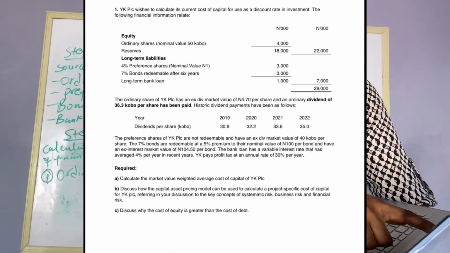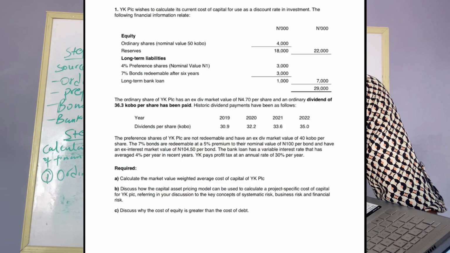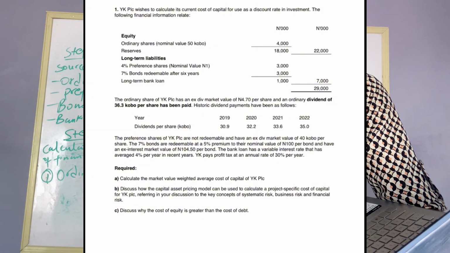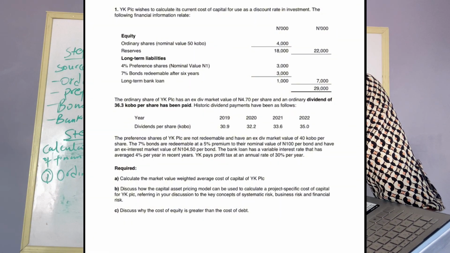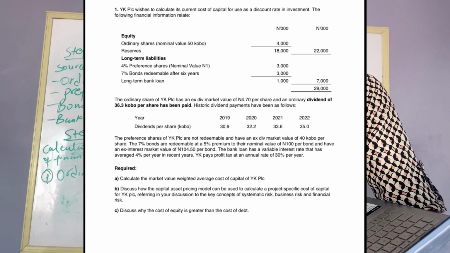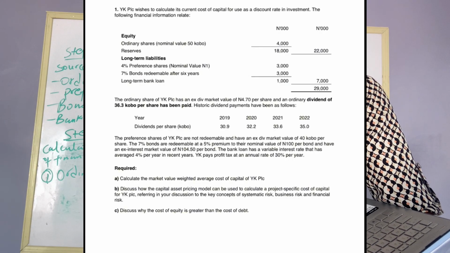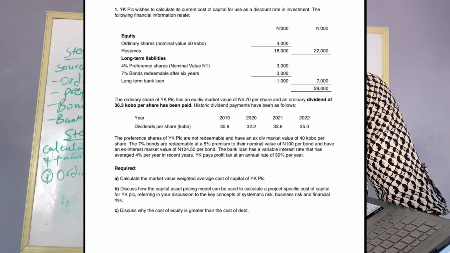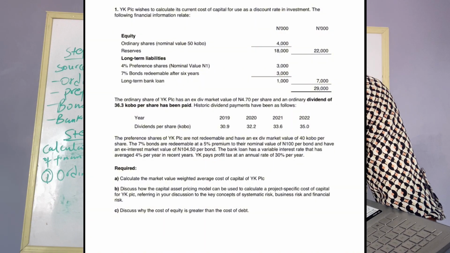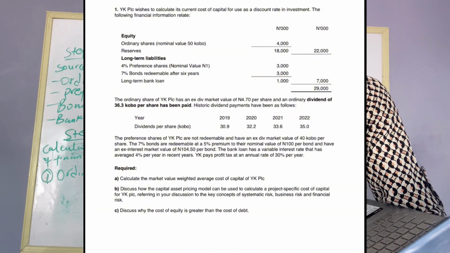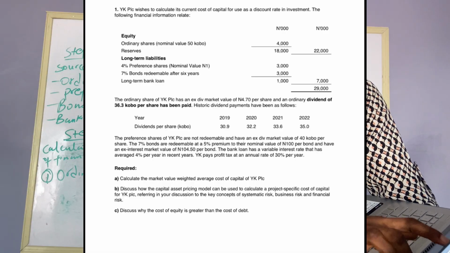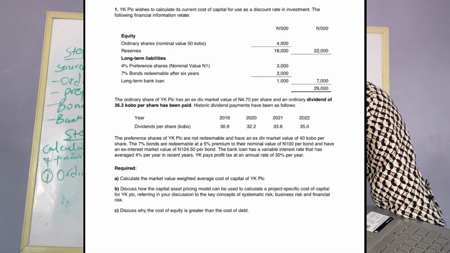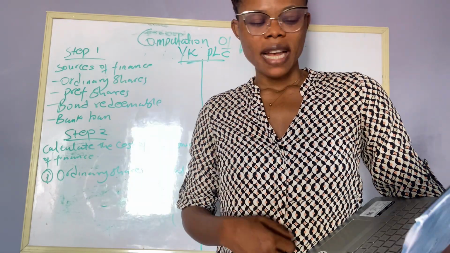So now it says the ordinary share capital of YKPS has an ex-div market value of 4.70 per share and an ordinary dividend of 36.3 kobo per share has been paid. Historical dividend payments have been as follows, which means it is dividend valuation we are going to use, not CAPM. We have dividend element there.